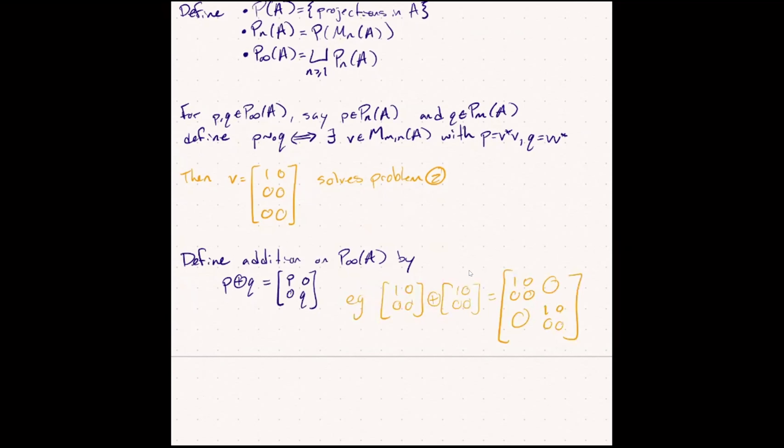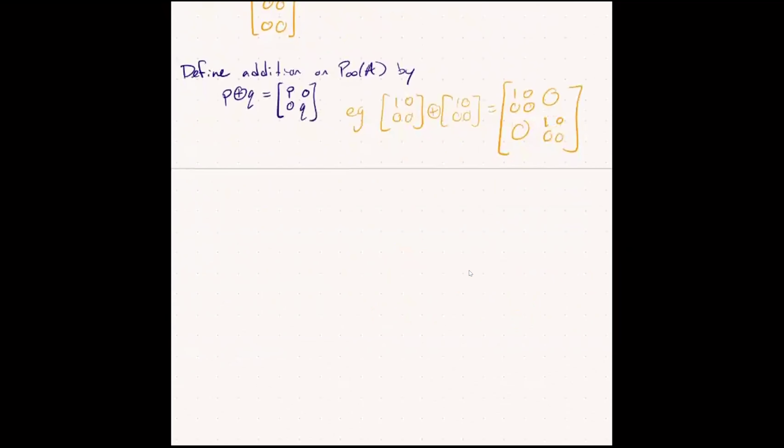So instead of adding the two projections that were 2x2s and getting a 2x2, we get a 4x4, but at least it's a projection. And this is sort of the reason why we work over the matrix amplifications: it allows us to add projections and still get a projection, just in a larger matrix algebra over A.